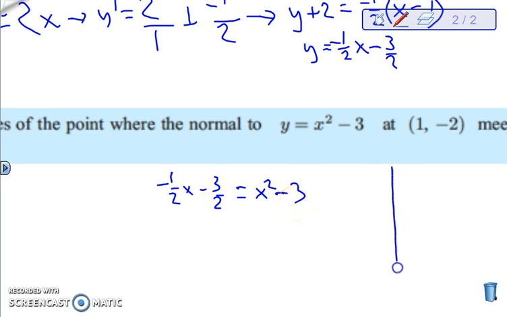So if you graph that, you should get your x squared minus 3 here, and then our graph should look something like this, to where it sort of makes a little right angle over here. So of course we are looking for this point over here.